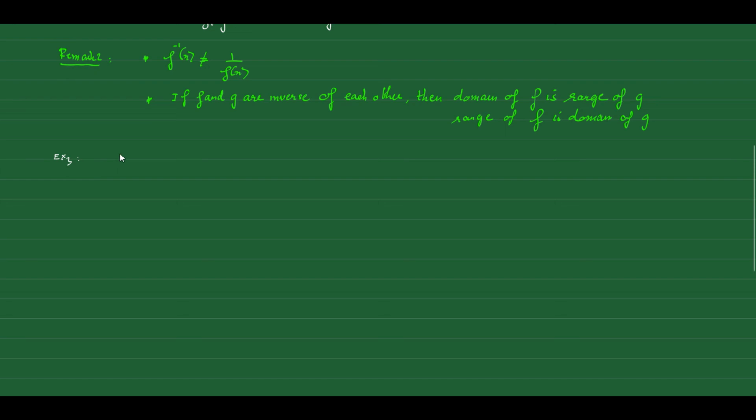Given two functions like this, f of x equals x minus 3 over x plus 4, and g of x equals x plus 3. Let's check if f and g are inverses of each other.